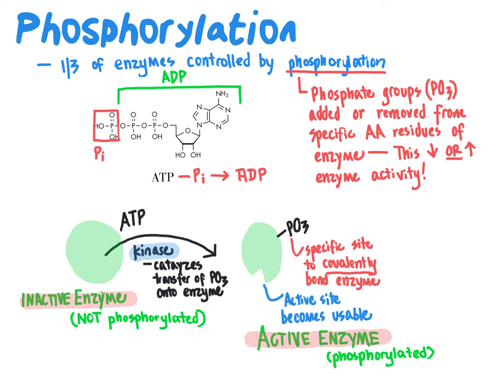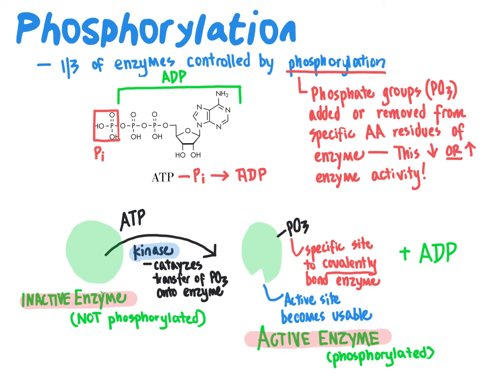The other product of this reaction results from breakage of a phosphate group from ATP. When we break off a phosphate group from ATP, as we saw up here, ATP becomes ADP, going from adenosine triphosphate to adenosine diphosphate. So I will go ahead and put also on the product side of the equation ADP here.